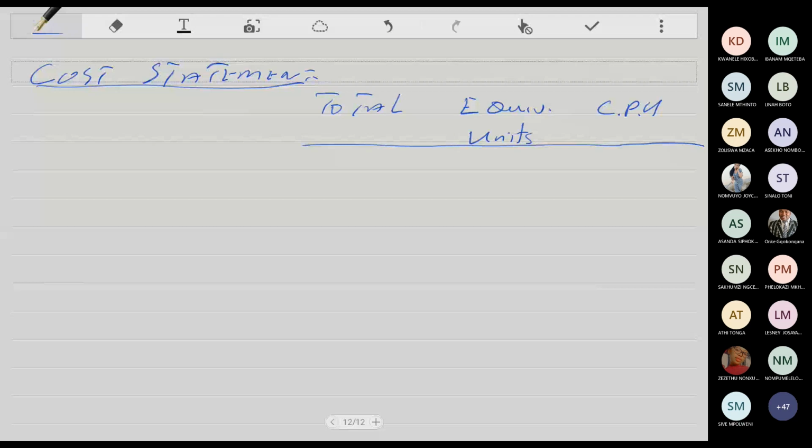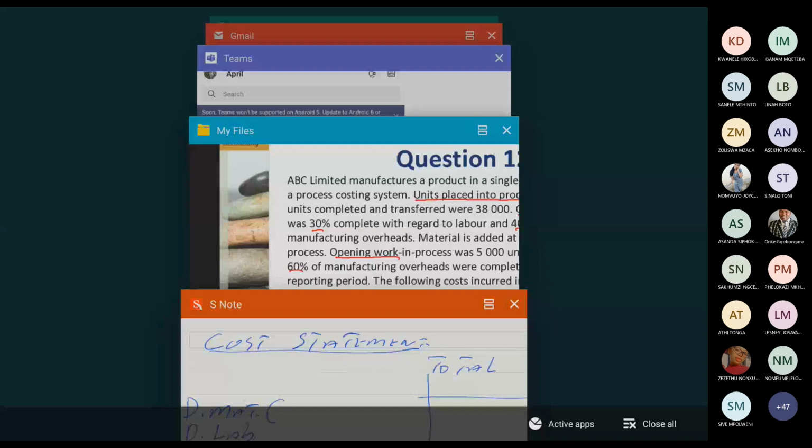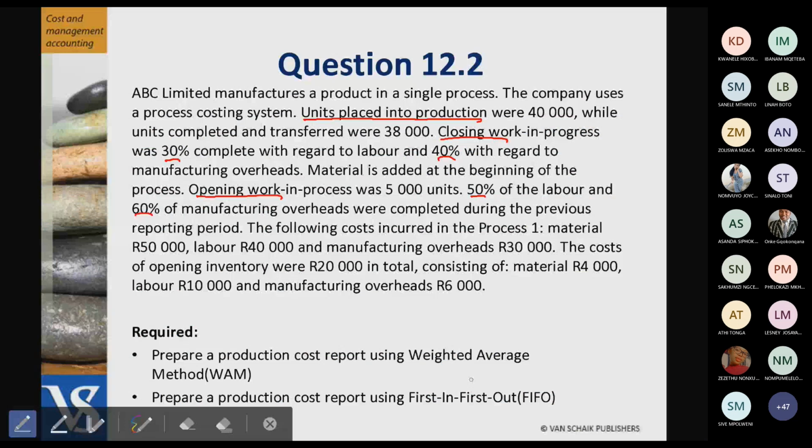So we said, okay, we'll go and look at the cost at the beginning. But how much was the cost of your opening? The following costs were incurred in process one: material 50,000, labor 40,000, and manufacturing overheads 30,000. The cost of opening inventory was 20,000 in total, consisting of 4,000, 10,000, and 6,000.